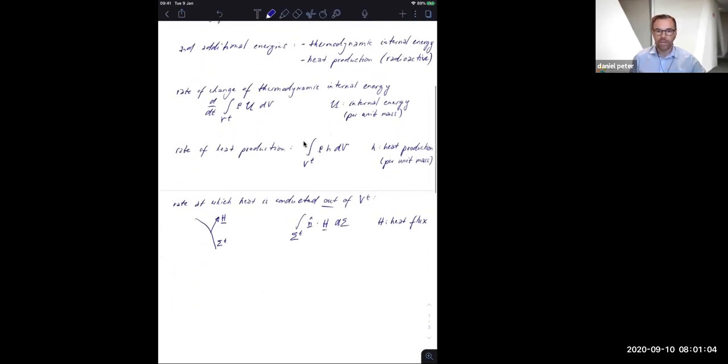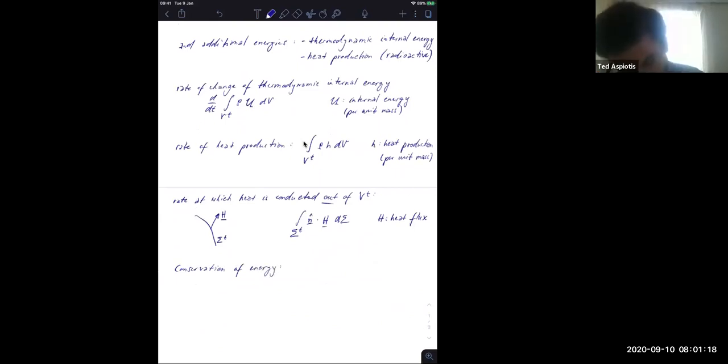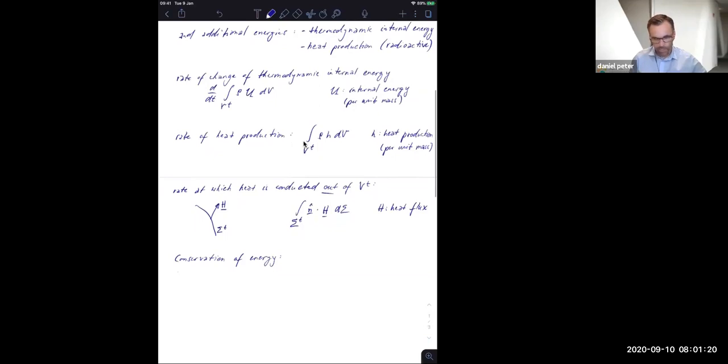Let's write down the conservation of energy, and let's already put the terms together. Let's start with the kinetic energy, 1/2 rho v times v.